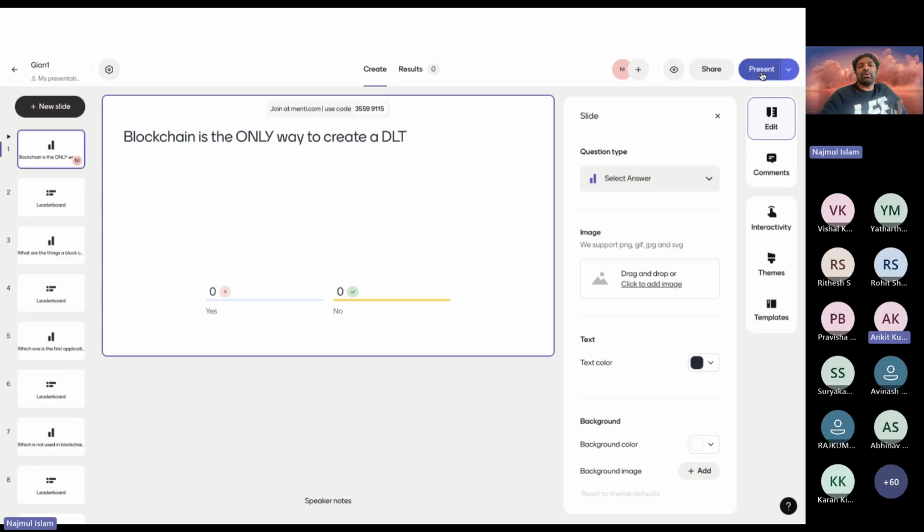Proof of work, proof of authority, or proof of stake? 46 people answered. We are 58. So it's still 12 people thinking which one is the correct answer.